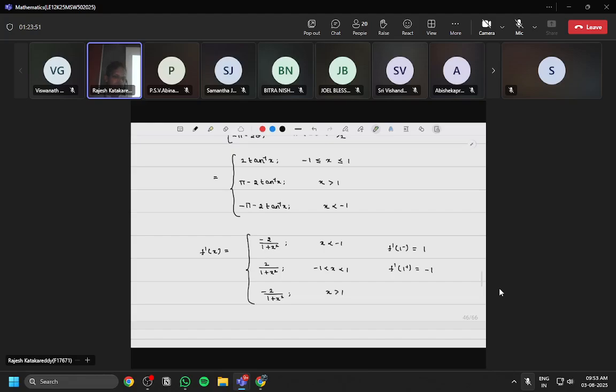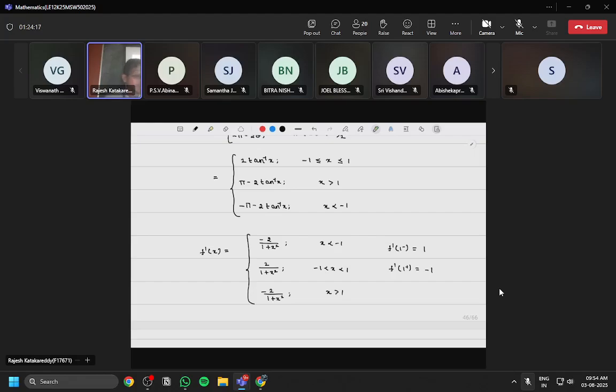Cos inverse of cos x is in the range 0 to pi. So y equals x, and then again it will come down, it will go up. The second graph of it is y equals x, 0 to pi. From there, the function changes its slope. And then the intercept is 2 pi, no? Slope is negative.